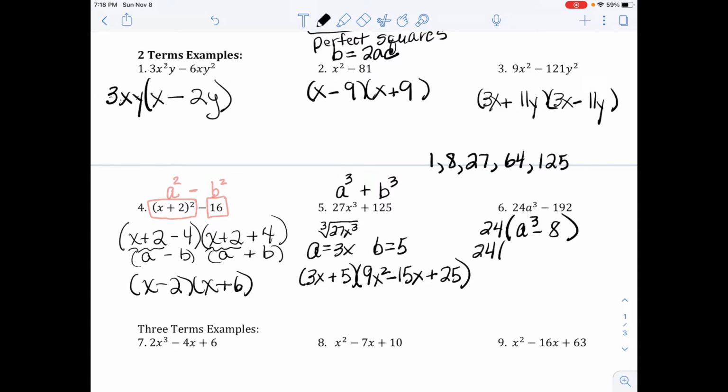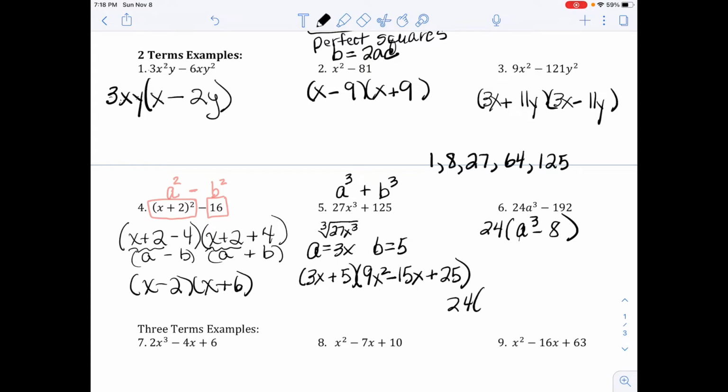All right, so I'm going to bring down that 24. A cubed minus 8. I need to determine what A is and what B is. A cubed, if you cube root that, you get A. And if you cube root 8, in other words, what number times itself 3 times is 8, you get 2. Now we have to finish the pattern. So I'm going to run out of space there, so I'm going to go back and write it down below so I have a little more space.